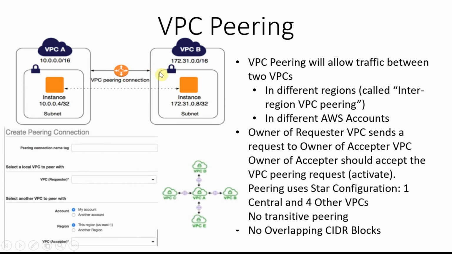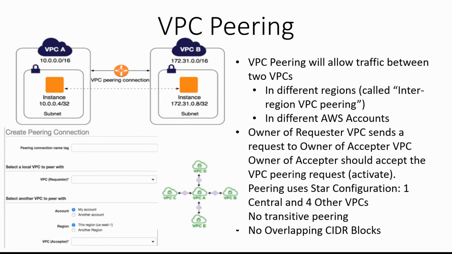Generally the VPC scope is restricted to a region, but there will be requirements where a VPC created, let's say, in Northern Virginia in the US wants to connect to a VPC in the Mumbai region. Ideally it is not possible to connect.